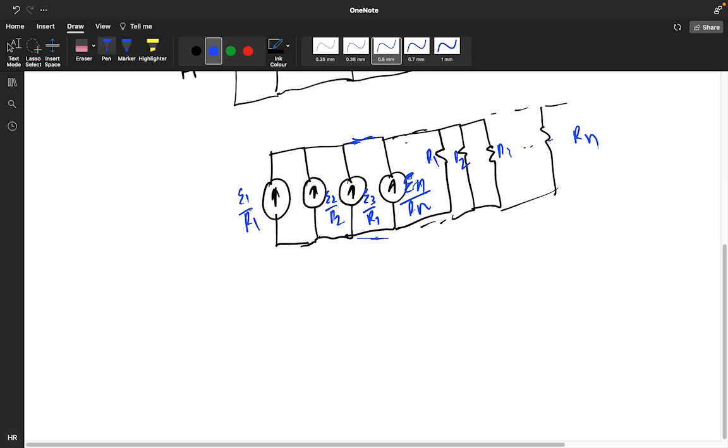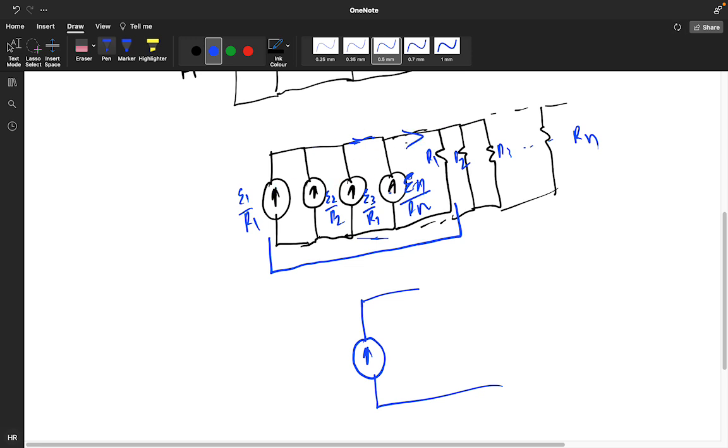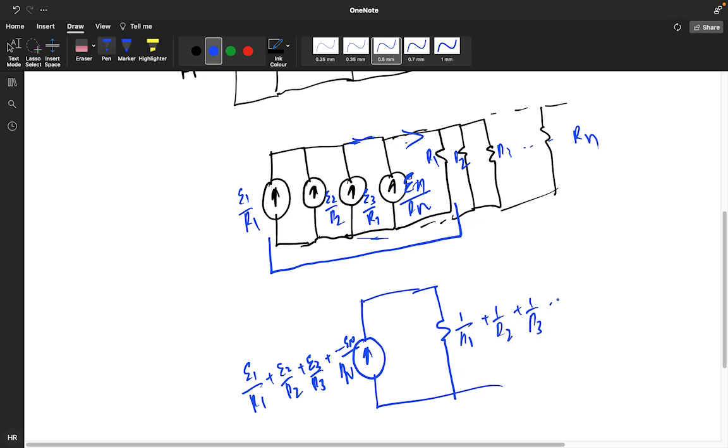Okay, so all these currents can be replaced as a single current. They all get added, so it is the summation current: E1 by R1 plus E2 by R2 plus E3 by R3 plus dot dot dot En by Rn. All the resistances are in parallel connection, so it is 1 by R1 plus 1 by R2 plus 1 by R3 dot dot dot 1 by Rn, inverse.